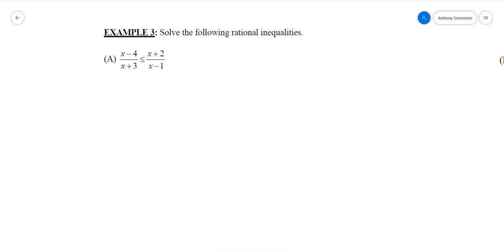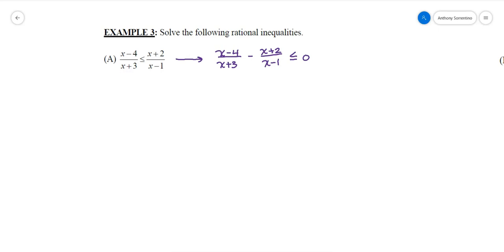So, although I'm going to rewrite this one as x minus 4 over x plus 3, minus x plus 2 over x minus 1, and set that equal to 0, I'm not going to manipulate this equation as it is, or turn this into an equation and manipulate it.